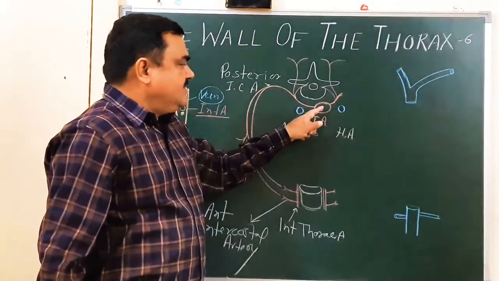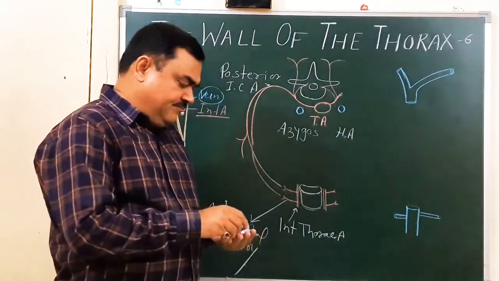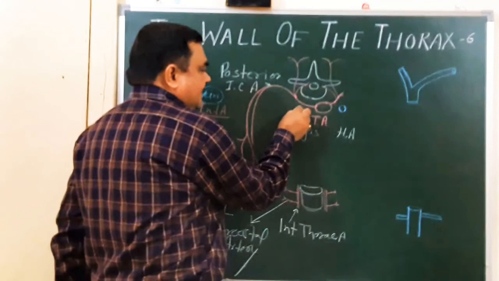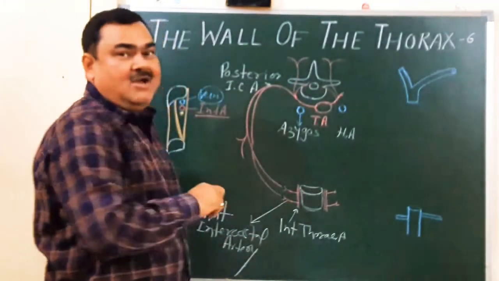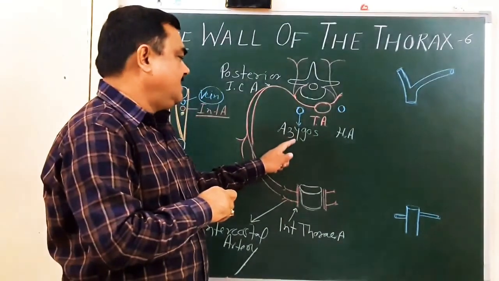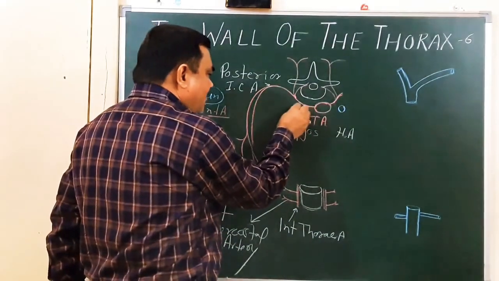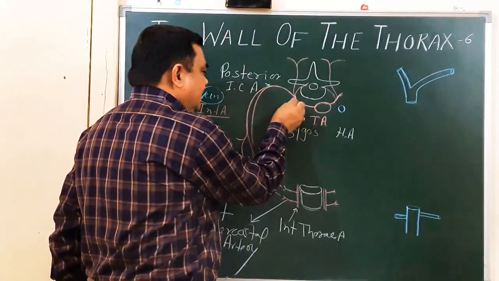In this diagram, you have seen this is the thoracic aorta, and these are the branches of the thoracic aorta. For each space, there is the azygos vein. Azygos means unpaired vein. This is the azygos vein. It accompanies its branch, accompanying the artery like this.